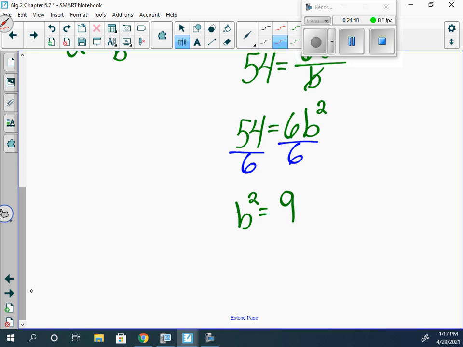If you all know that trick, 9's on your hands. 5, 6, 54. So, last but not least, we can take the square root of both sides, which tells us that b is equal to what? Well, square root of b squared is just b.